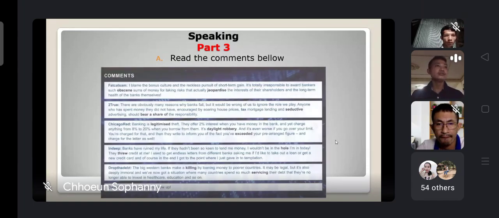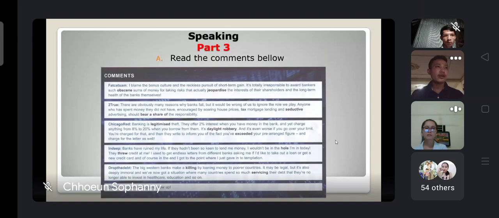Anyone who has spent money they didn't have, and been swayed by the sharing half price, a lack of lending and advertising, also has a share of the responsibility, carries part of the blame.